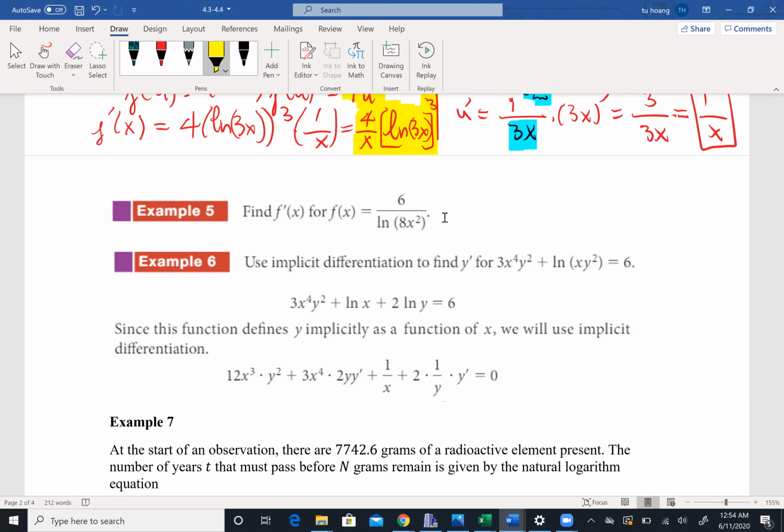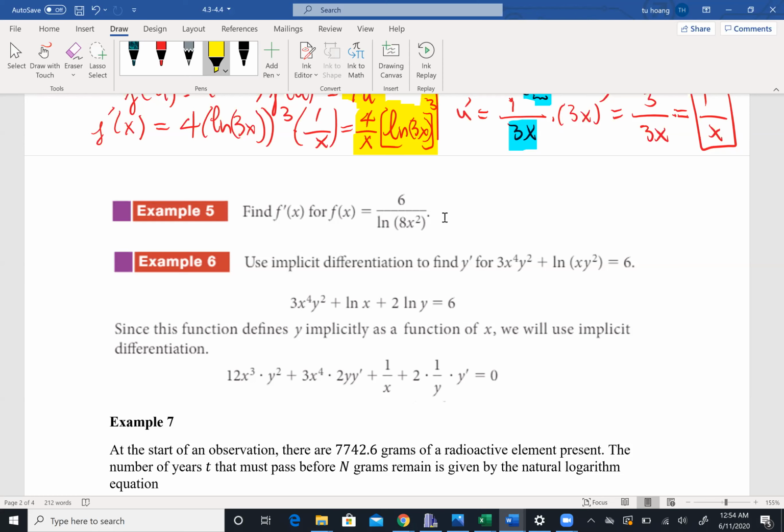So in this case, maybe you should think about the quotient rule in general, or you can change it to be power rule. Because why?